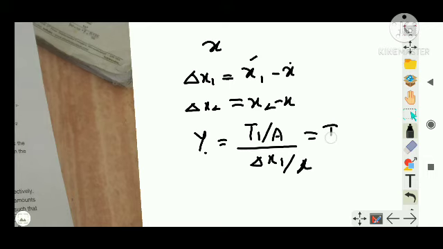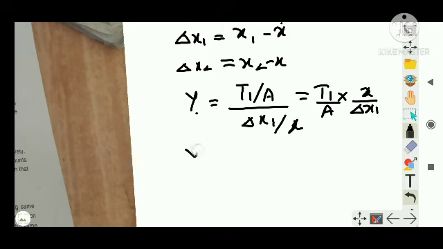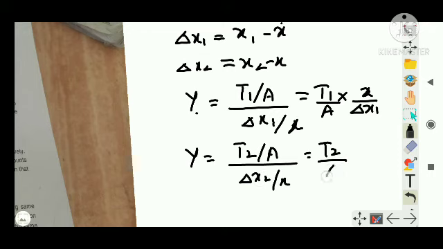Or I can write this one as T1 by A into x by delta x1, right? Now similarly, from the second case, Young's modulus is tension by area divided by delta x2 by x, or I can write tension by area into x by delta x2, right?